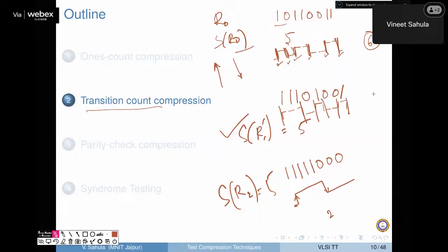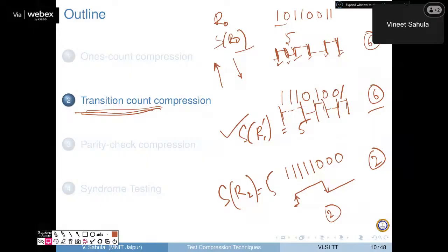So this one may not serve the purpose. But for the other one, the transition count is only 2. So out of what we could not differentiate in ones count, we are able to differentiate in transition count. Many of them are thrown out. So the probability of aliasing in transition count is much smaller than in ones count, right?